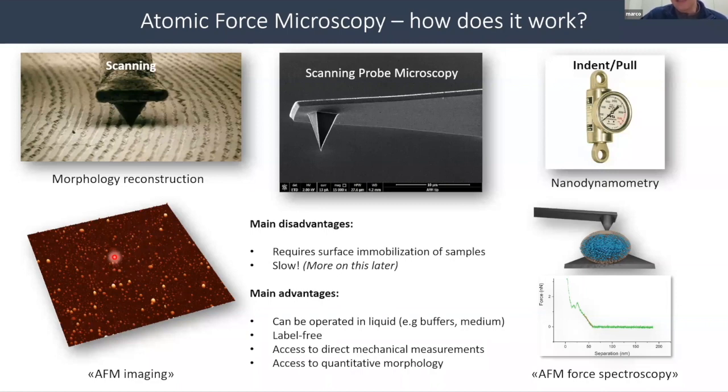But it also has advantages, of course. The first one is that you never have to dry your sample at all. You can use your sample right at the end of the pipeline of the EV enrichment. So you can keep your sample in any buffer or medium you happen to have used.